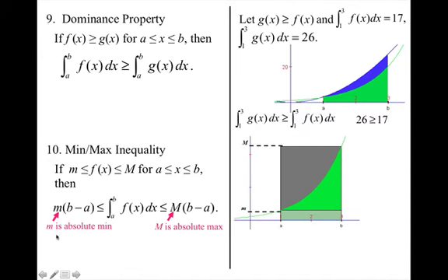So the biggest thing you have to keep in mind is that little m is the absolute min and that big M is the absolute max. And in this example, big M equals 20 and little m equals 2.